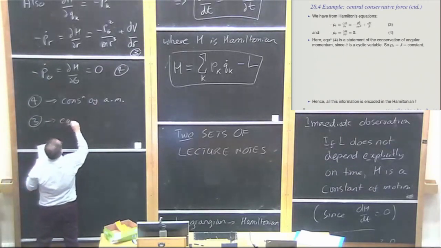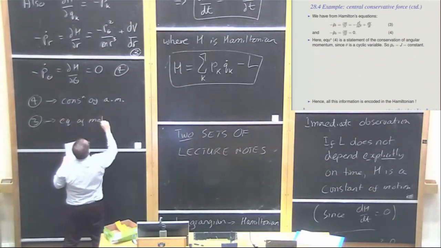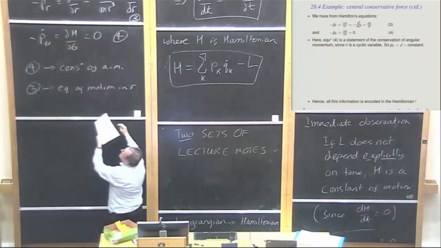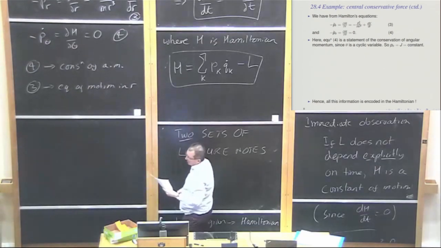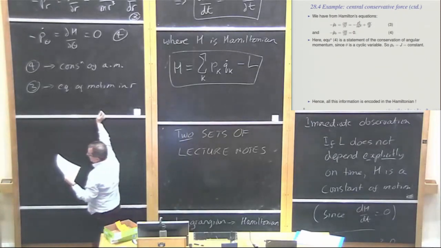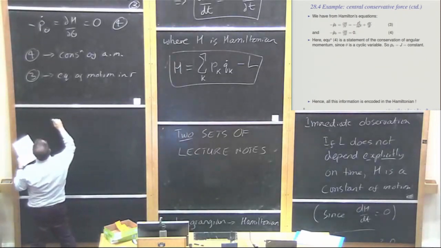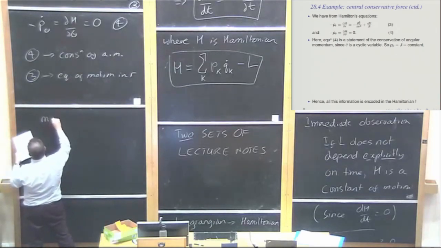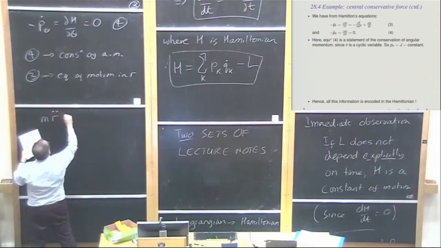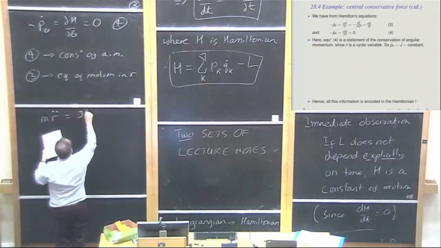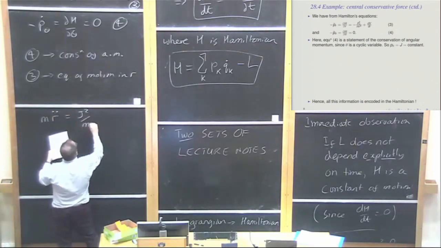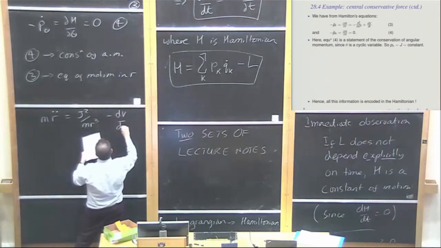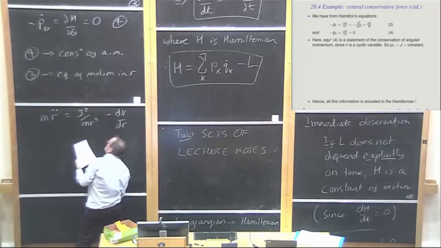the equation of motion in r, which is the sort of thing we were considering for many weeks when we were doing orbits. So let me just write down exactly what this 3 is. I just restate that. So that's m r double dot equals j squared over m r cubed minus dV by dr. Okay.